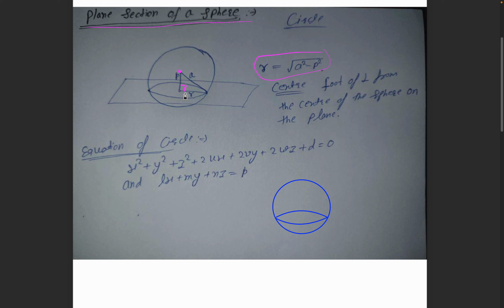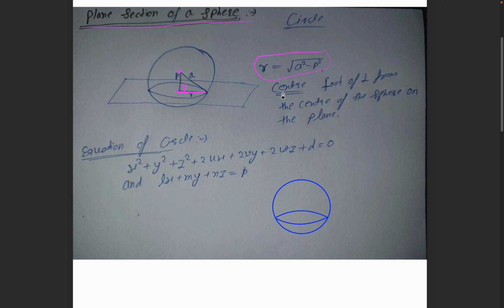This is the 90-degree angle. This is the perpendicular. And we want to find this radius r of the circle. Then r is equal to the square root of a square minus p square by the Pythagoras theorem. And next we want the center of the circle.